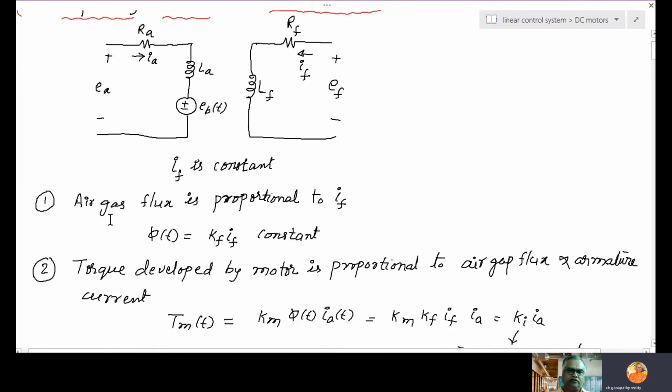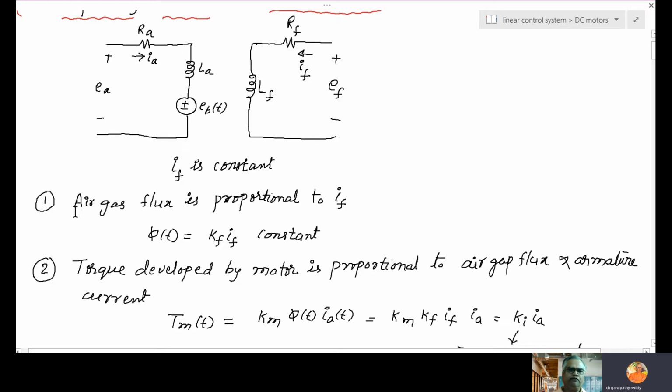Now there are important laws. Air gap flux is proportional to field current. These motors you already studied in basic electrical engineering, so you are aware of some of the basic statements.